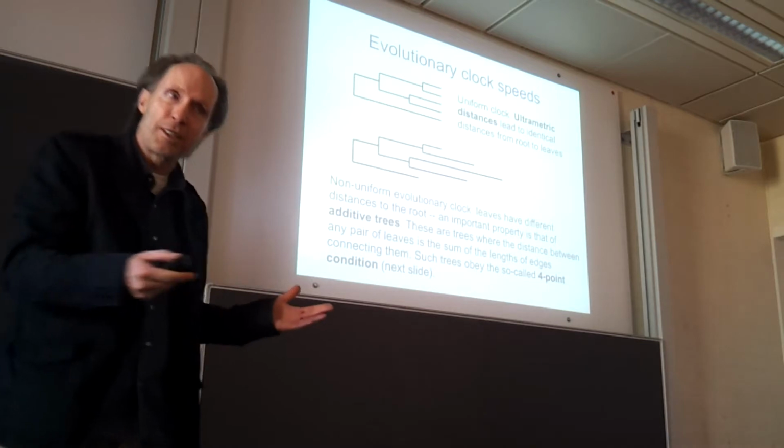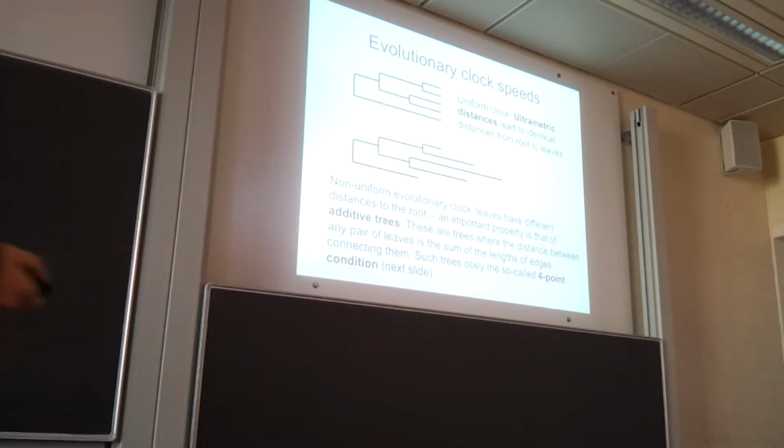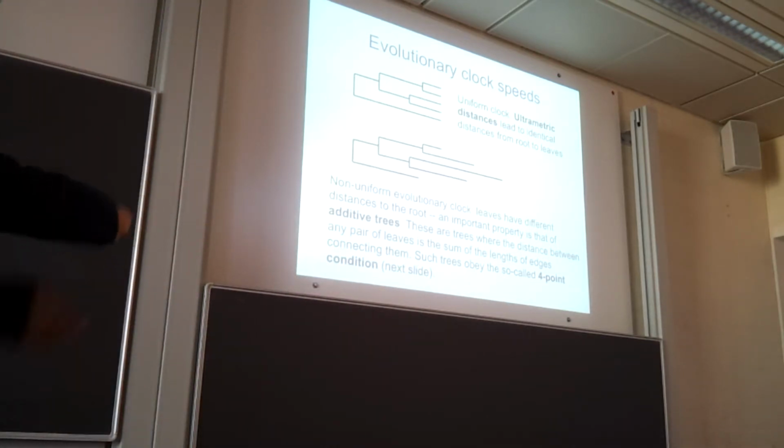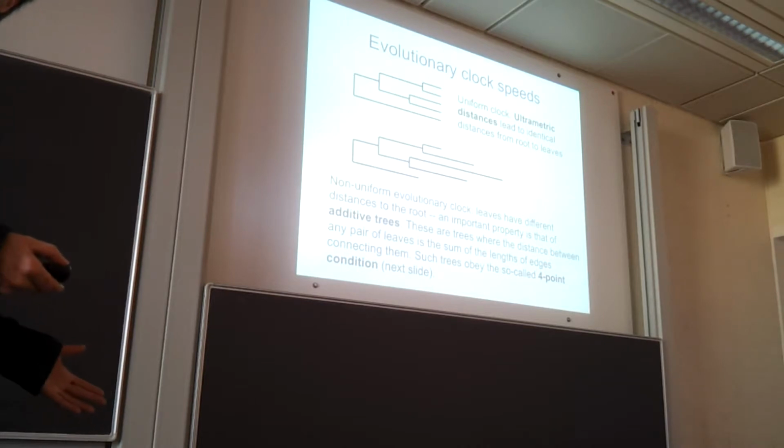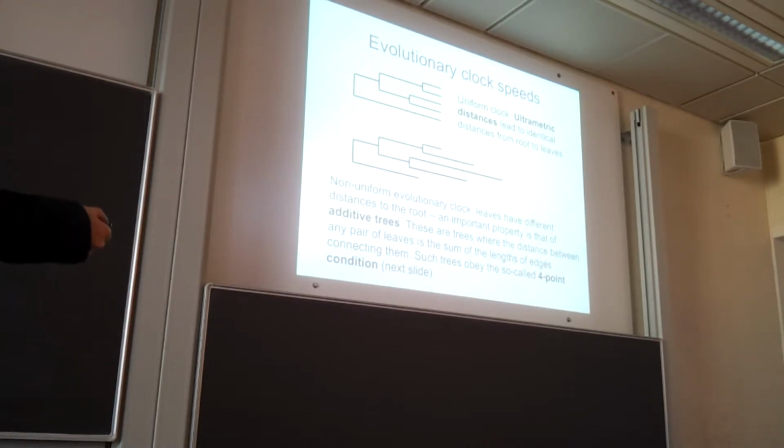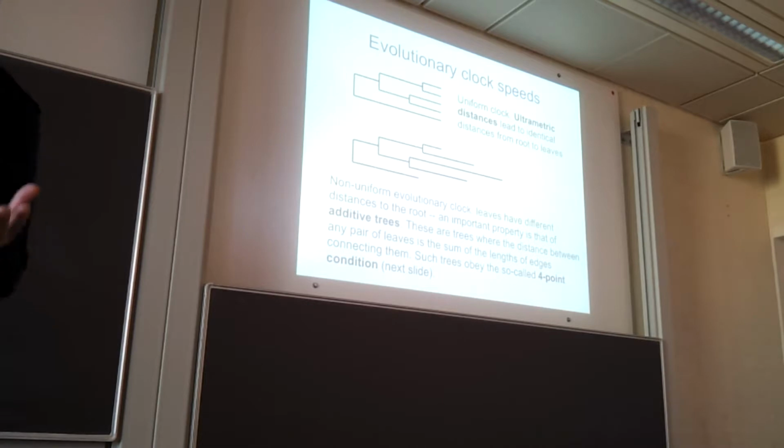If the clock ticks the same way, they all build up the same number of mutations, nicely uniformly. And that then means if you make a tree, they should all be nicely aligned like this, because the distance from the ancestral node to each of the leaf nodes should be identical under the assumption of a uniform clock. Does that make sense?